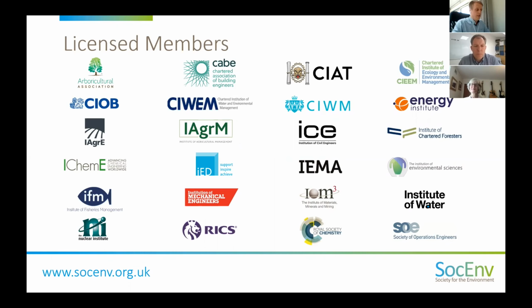All of these professional bodies hold a licence granted by the Society to award the CEnv registration to their members, and the ones that are highlighted now also offer the RSciTech registration. To become a CEnv or an RSciTech, you need to be a member of and apply via one of these professional bodies. If you want to find out more, head to the website in the bottom left of your screen.